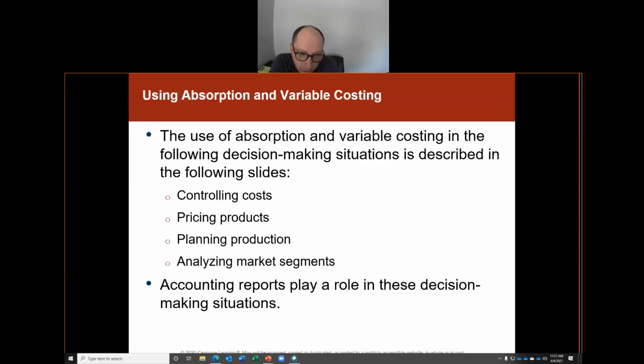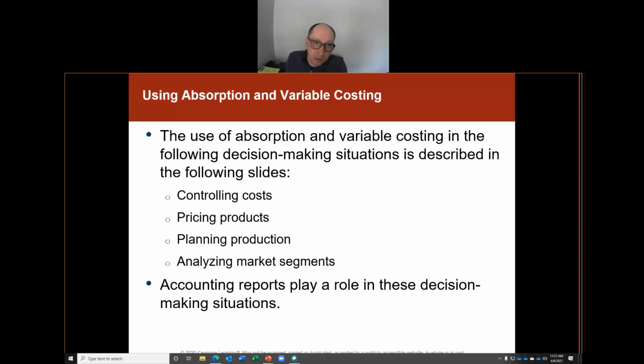We want to make sure that when we sell a product, we're covering our total costs. Because otherwise, we might sell it at a loss. We don't want to do that. So these models help us to understand what our total costs are, variable and fixed. They help us to plan for future production, and of course, help us to analyze market segments.